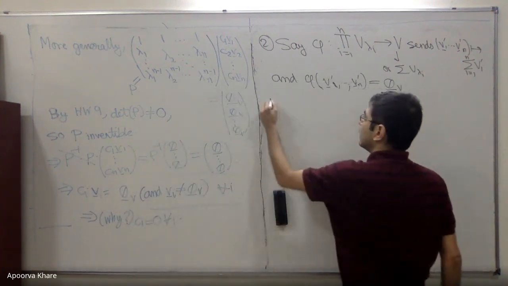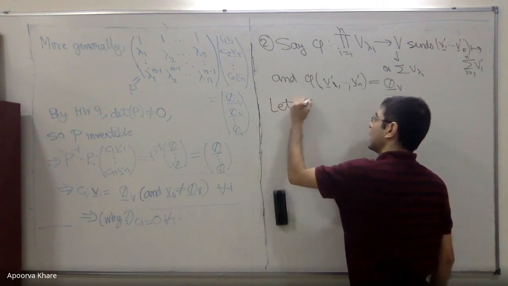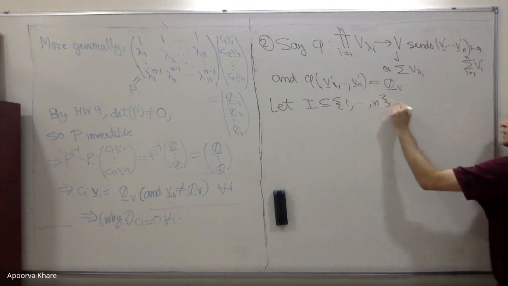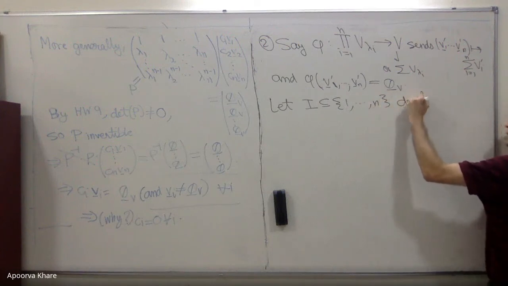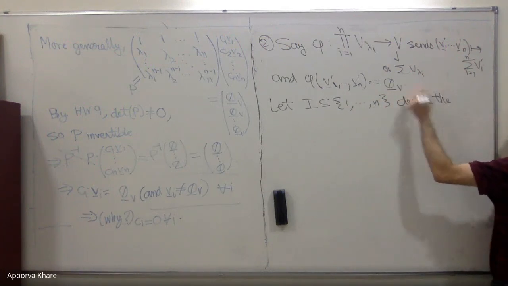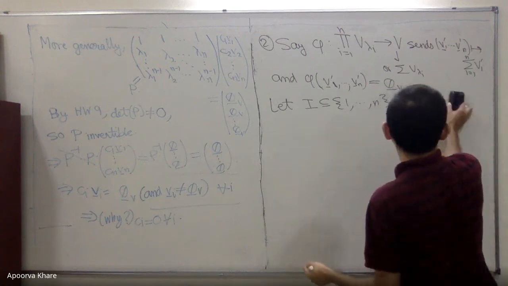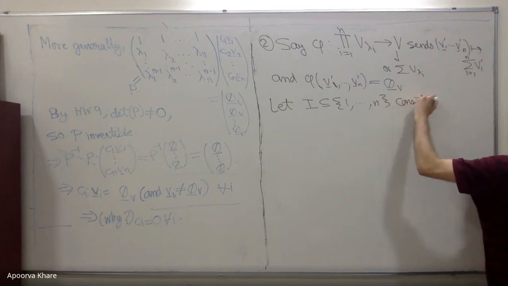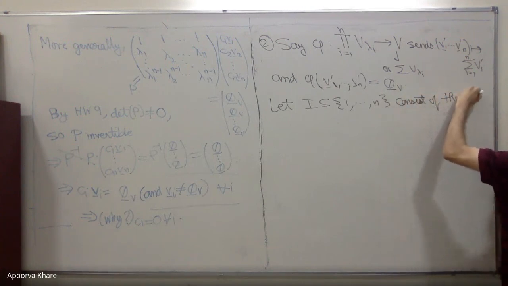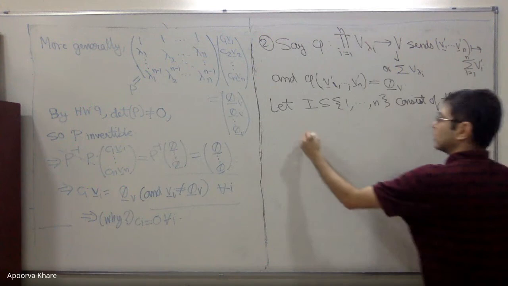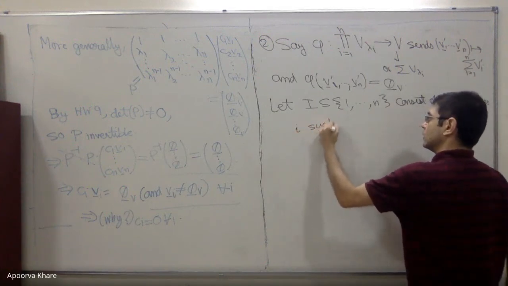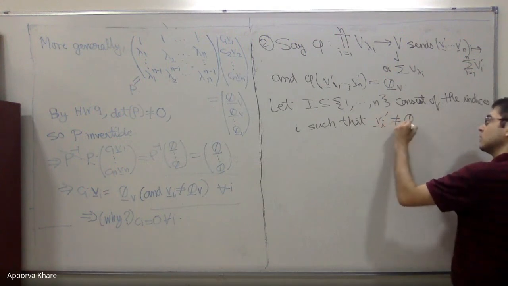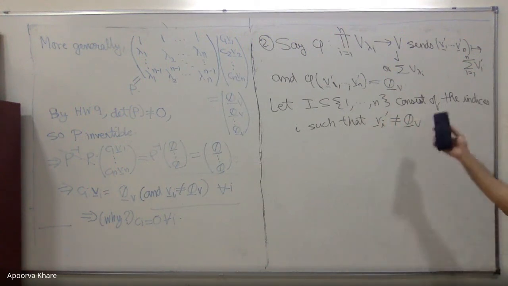Let I be the subset of 1 through n consisting of the indices where Vi' is non-zero. Suppose there is at least one.